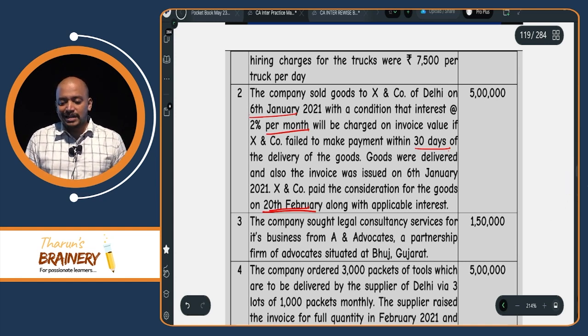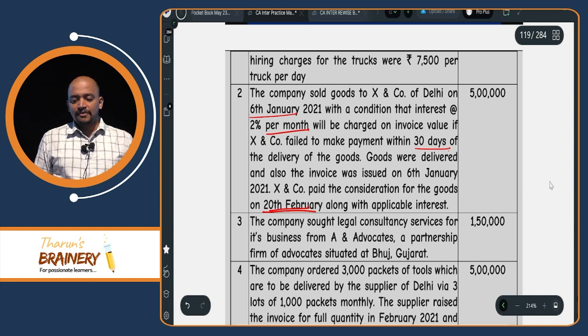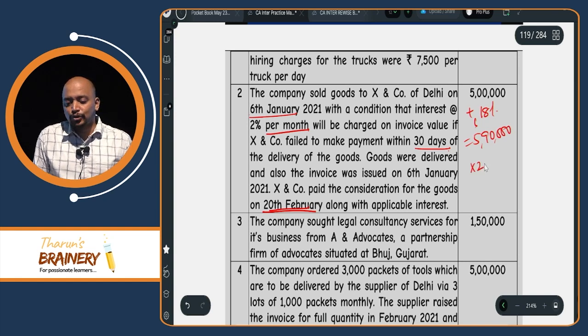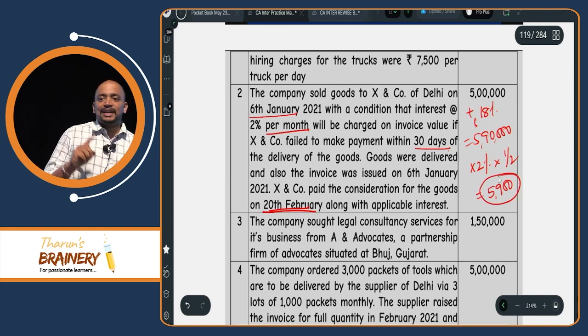Then what is it including GST? 5 lakh 90,000. So 5 lakhs plus 18%. On that 5 lakh 90,000, multiply 2% interest for half month. So 5,900. This 5,900 will be the interest.